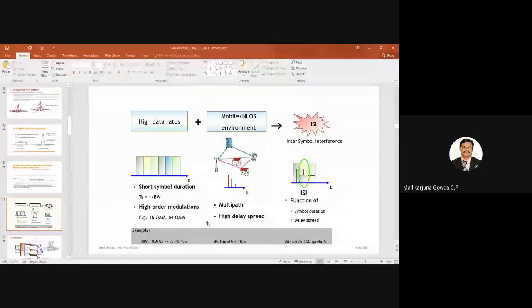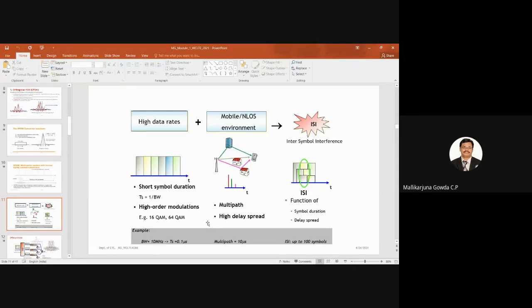Due to that, there will be inter-symbol interference. If you want to achieve a high data rate, obviously the symbol duration will become very small. Since it takes multiple paths to reach the receiver, if the symbol duration is much smaller than the delay spread, then there will be inter-symbol interference.